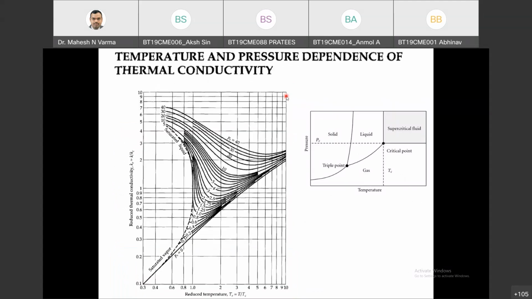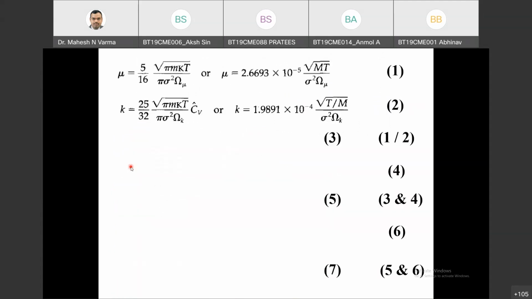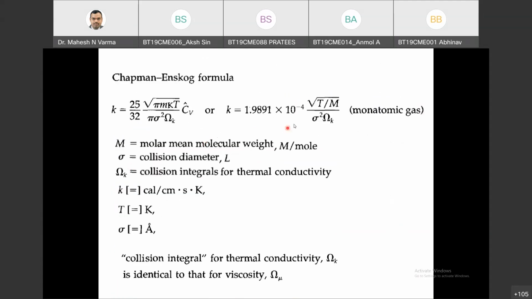Okay, this is the first way. Second way is you can use this Chapman equation. Using the Chapman equation, get the value of collision diameter and collision integral from the data book, substitute in this equation at given temperature, and you can get the thermal conductivity.